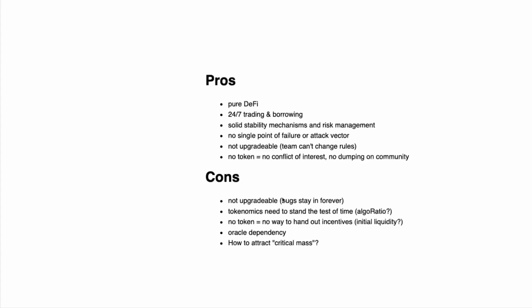But so far I didn't find anything. Also, Copilot didn't find anything. But there could be a bug in there. And if there is a bug, people need to react quickly. If there's a possible exploit, people need to react quickly, take out the funds, and then they have to deploy a different version, so another version of the protocol. They can't just say we update the current version, because that's what we said at the pro. It's there, and it's there forever. But as I said, it's also the con.